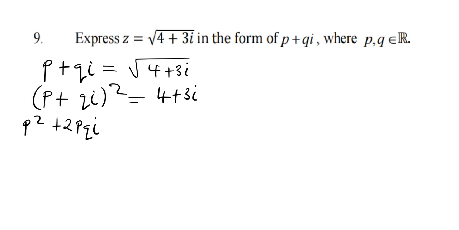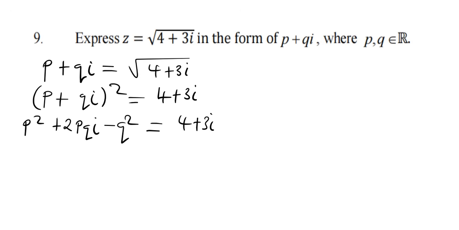Then we square the qi, so we have q squared and i squared. Now i squared is negative, so we're going to have negative q squared, equal to 4 plus 3i.